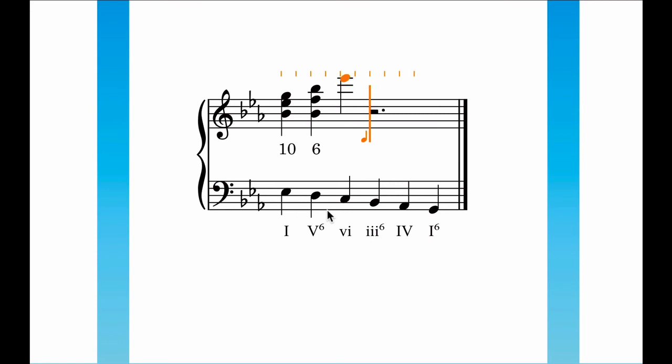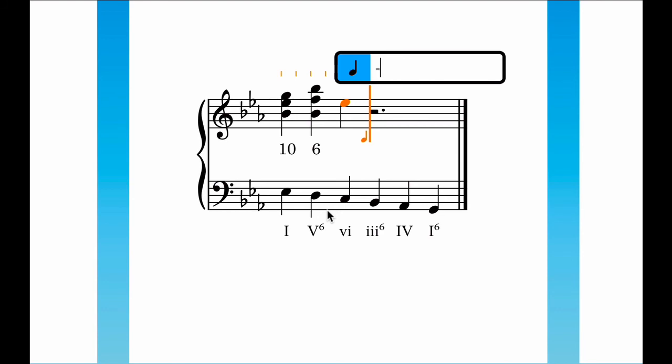Each pattern's going to go down a third. And every other chord, because of the octave, the inversion is there. You're going to have an octave in the right hand. That's what I'm trying to say.